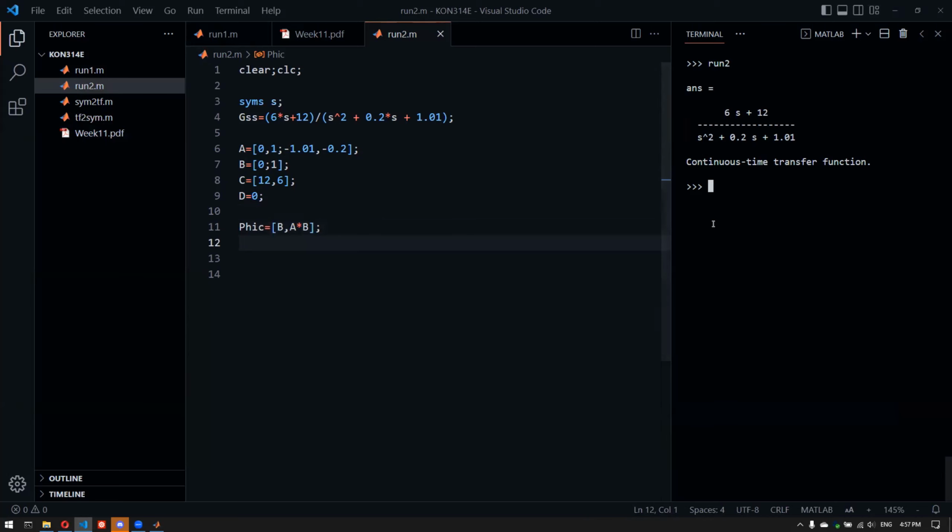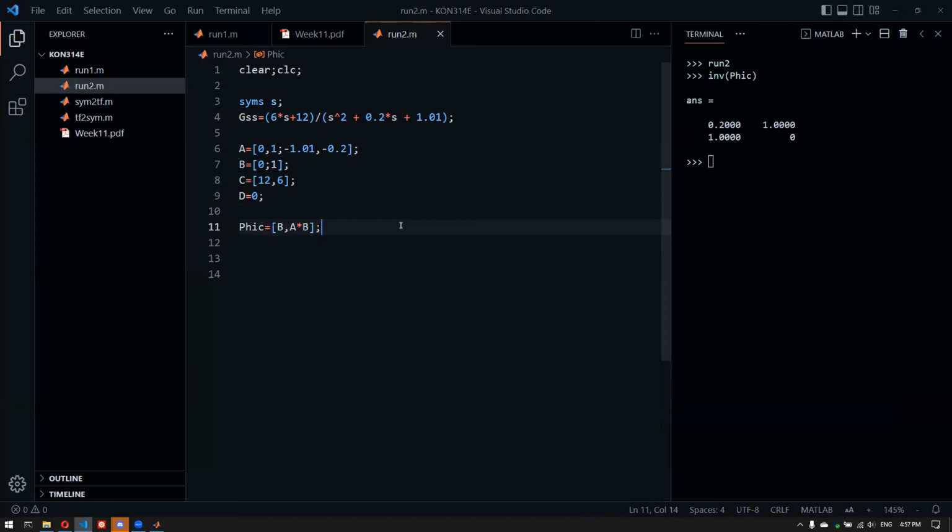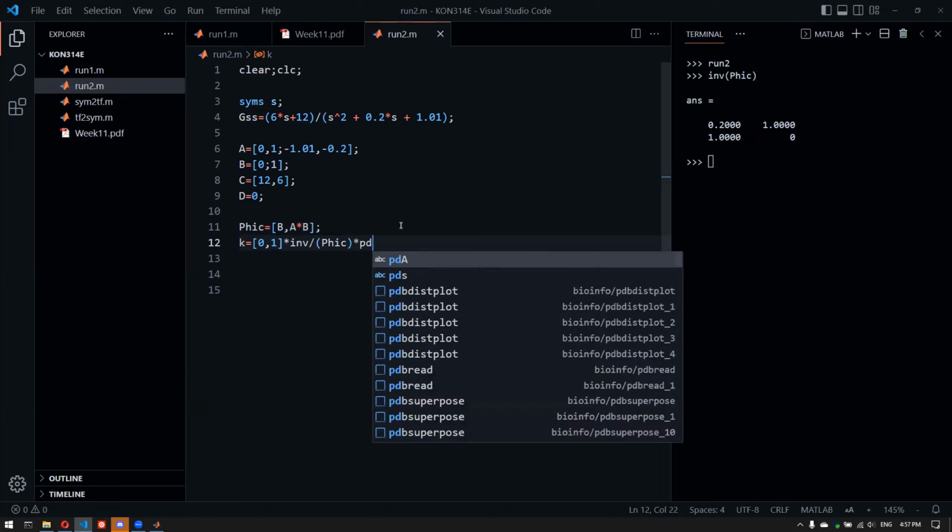Now, if I'm able to take the inverse of phi c, which I can, it seems like the system is controllable. Once it is controllable, I'm going to define the Ackermann formula here: 0, 1 times the inverse of phi c times PDA.